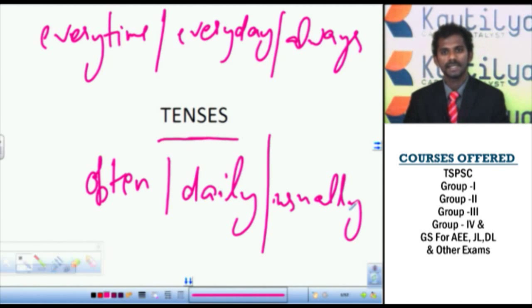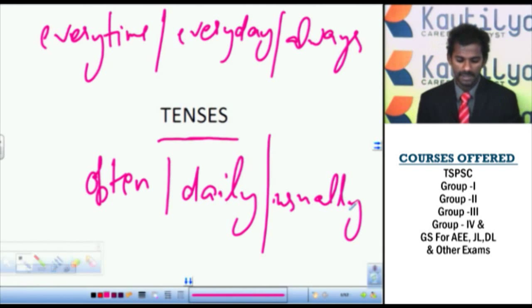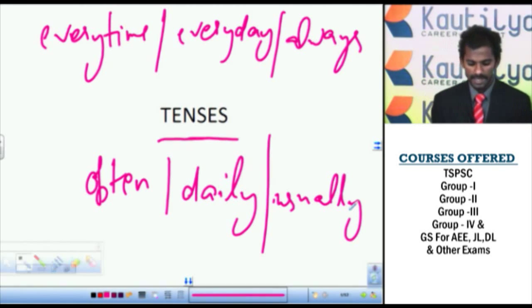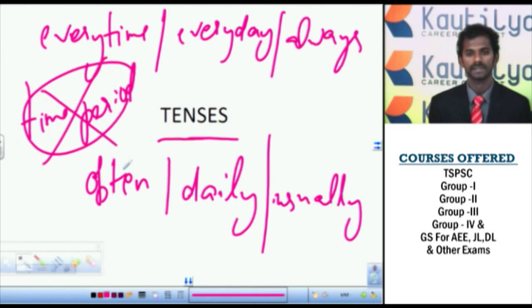Continuous tense is used to refer to an action. Continuous tense in the sense present continuous, past continuous, future continuous. Continuous tense is used to refer to an action that keeps going. That means continuous actions will never end, right? In a continuous sentence, present continuous, past continuous, as well as future continuous, time period should not be mentioned.